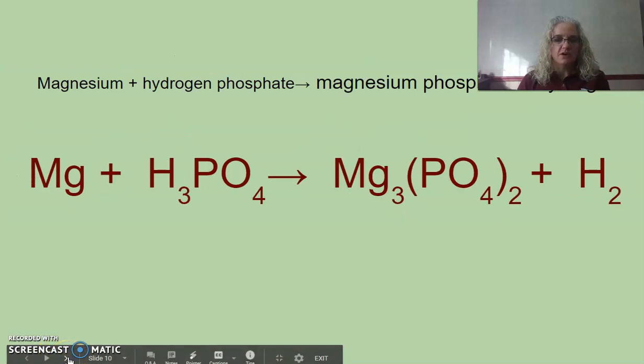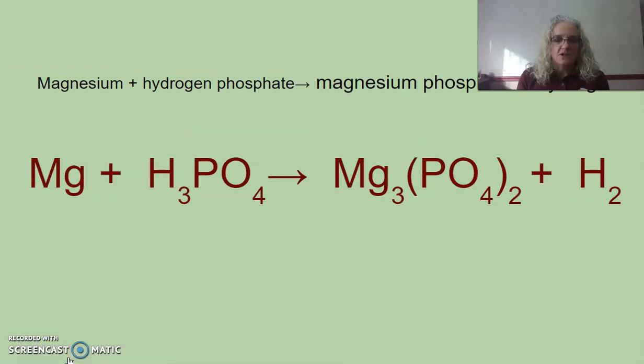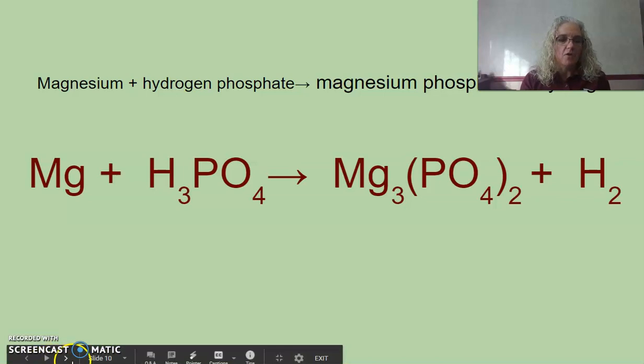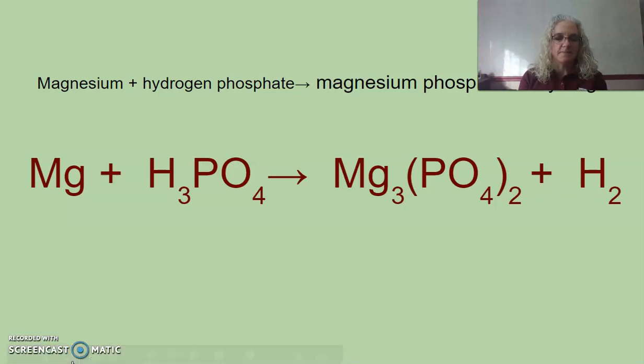With this equation, we're going to balance by inspection. So we look at each side of the equation, one element at a time, and balance the elements as we come to them. Since every element is unique in that it's found in only one place on the left and one place on the right, this should be pretty easy to balance. I usually start with the metals, in this case magnesium. On the left side I have 1 magnesium, while on the right I have 3.